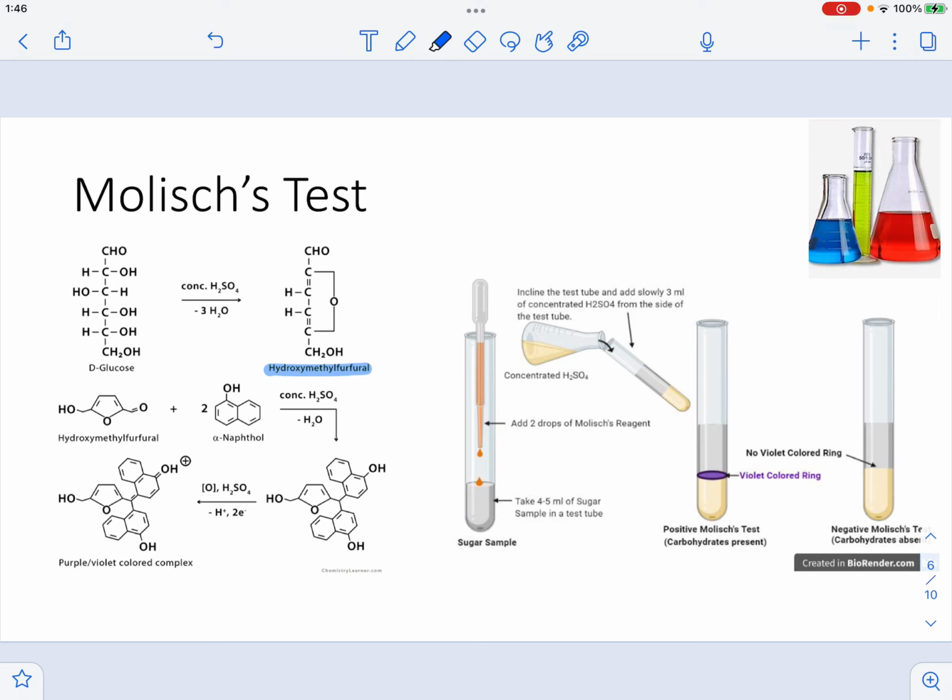Then that furfural molecule is going to react with alpha naphthol, which is a reagent inside the Molisch reagent.